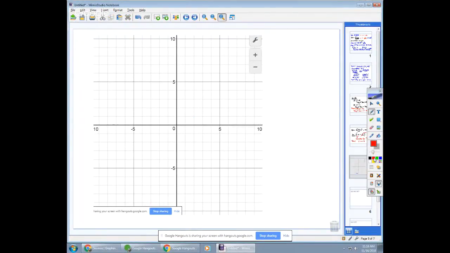We know it has a vertical asymptote where? X minus 2 equals 0, x equals 2. And then we also know a slant asymptote, y equals x minus 2. So that would be right through here. So the function has to sit between these two lines somehow.